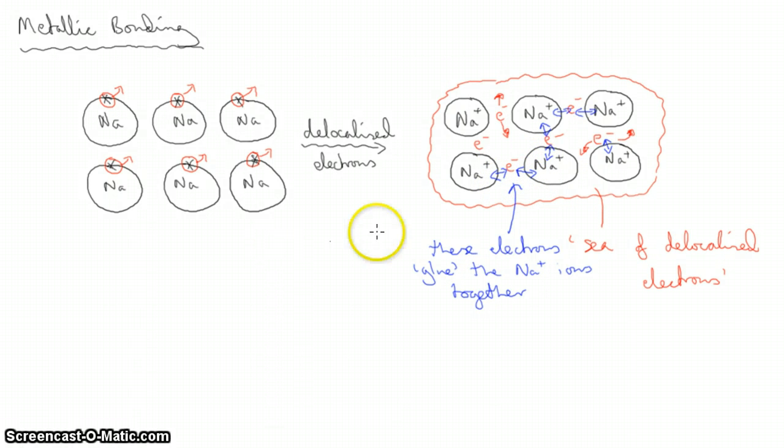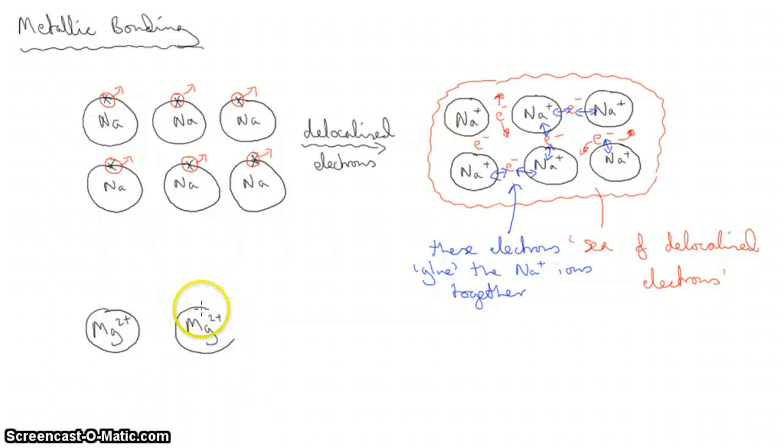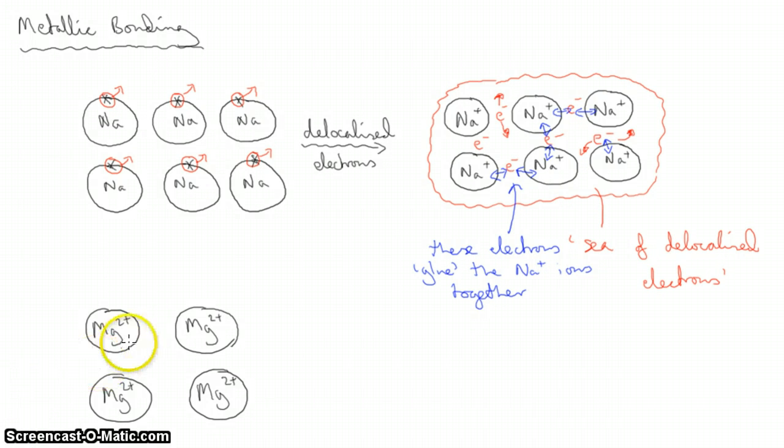Now, for sodium, that's 1 electron. For something like magnesium, because magnesium's in group 2, it would have 2 valence electrons. So magnesium, when it forms ions, will form 2 plus ions. So there's magnesium, only going to draw 4, but each of them has lost 2 electrons.